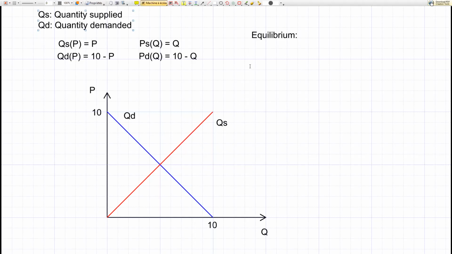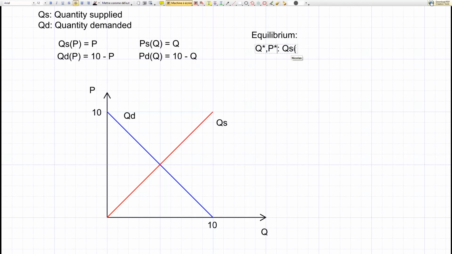So market equilibrium is some value Q star and some value P star. So we write Q star and P star to signify that it's what we're after.